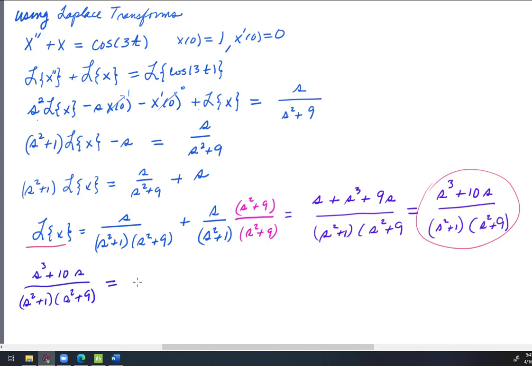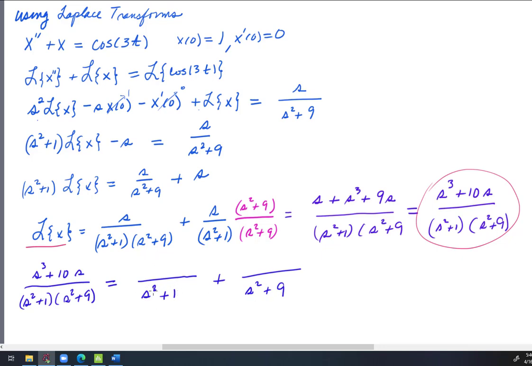using the theory of partial fractions as, now I see both of these are irreducible quadratic factors, and so I know that this is going to be s squared plus 1. I can't reduce that further, so that's got to be one of my denominators, and the other denominator would be s squared plus 9.